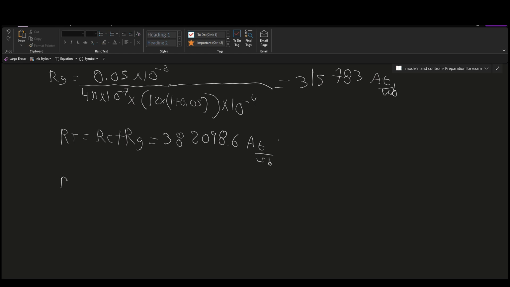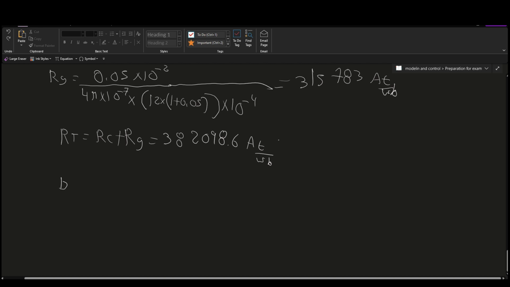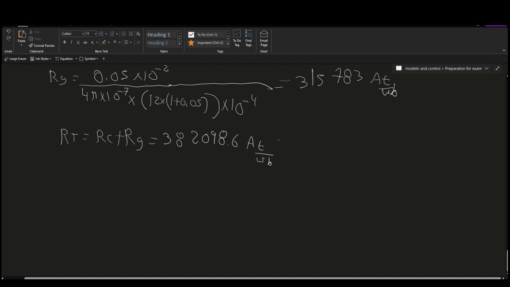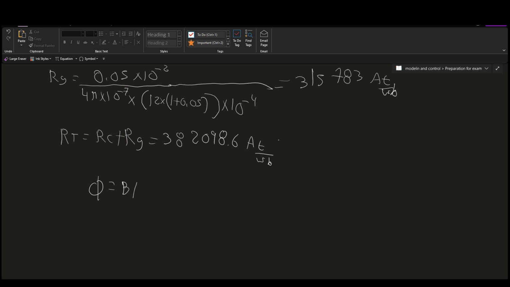Flux density is given by B. Now B can be seen as a formula for flux, that is B times the area. So if we want to calculate the flux with a given value of flux density, we just use this formula.